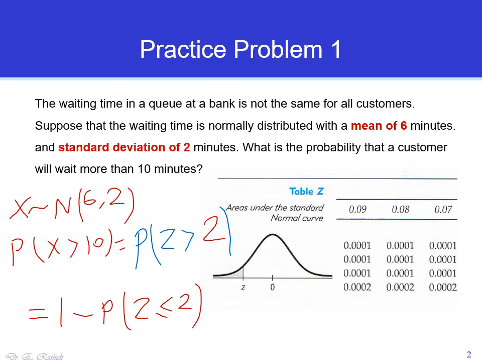So now we can look at the table and find this probability. The probability that z is less than 2, if you look at the table, is 0.9772.